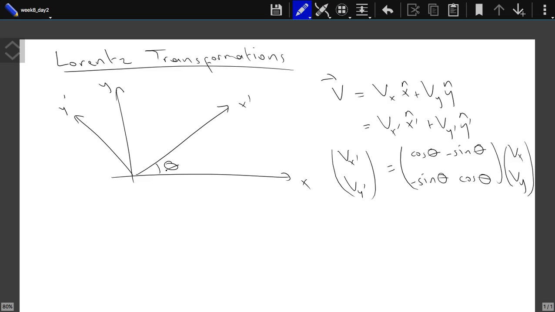So from one coordinate axis to the other coordinate axis, we have this definition of how we can relate the components. The components will be different in different coordinate axes, but we can still relate the two.